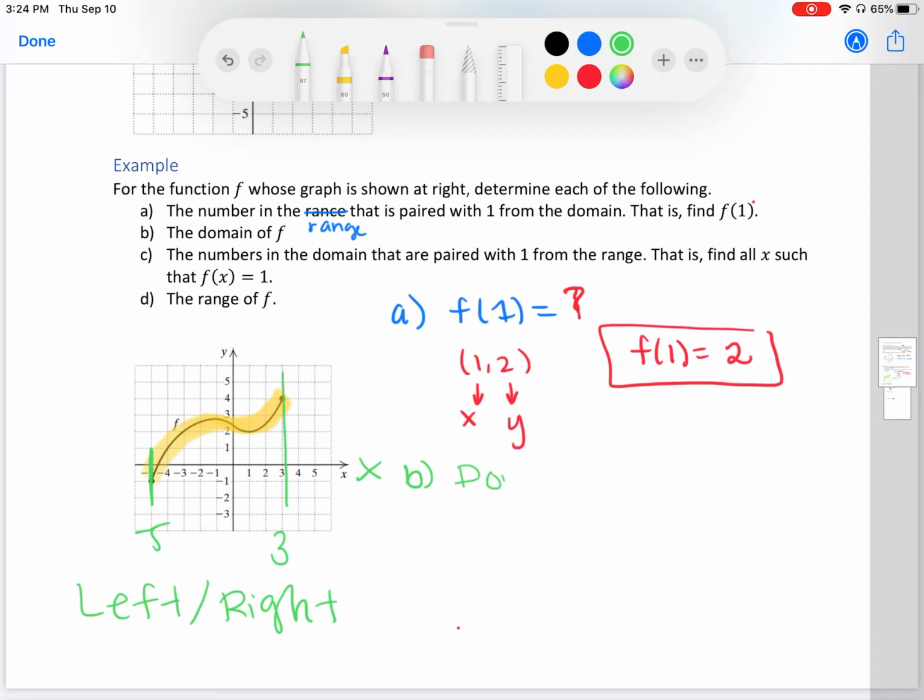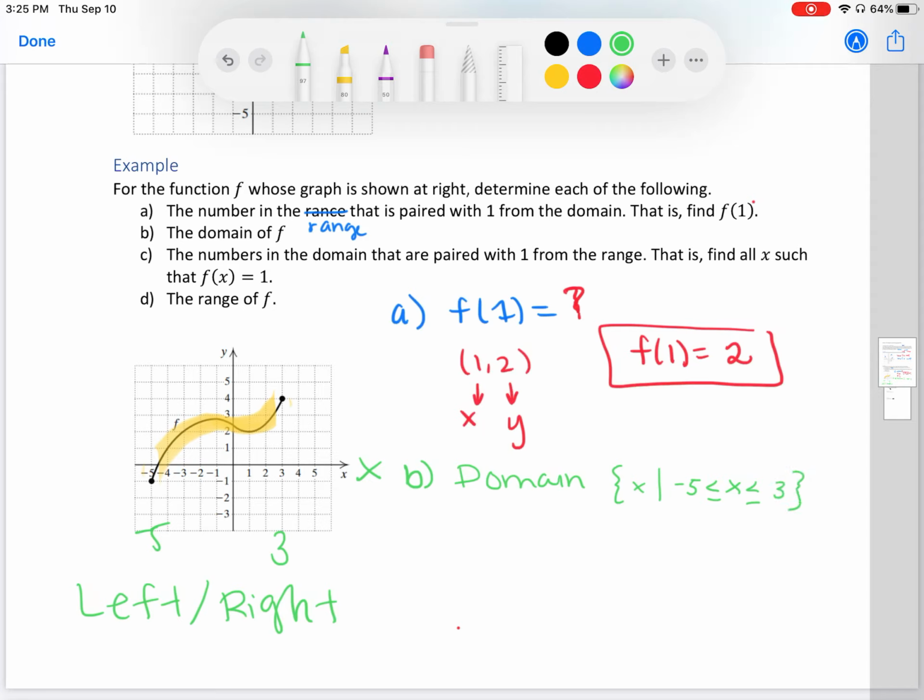So my domain would be those numbers enclosed by those values. If I want to write it as set builder notation or using inequalities, this would be x such that -5 less than or equal to, since it's a closed circle, yes, it's a closed circle, so less than or equal to x, less than or equal to 3.